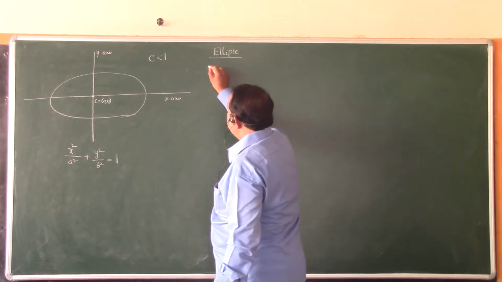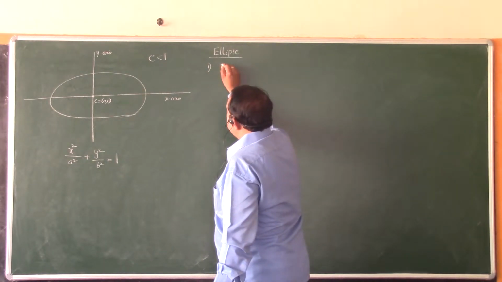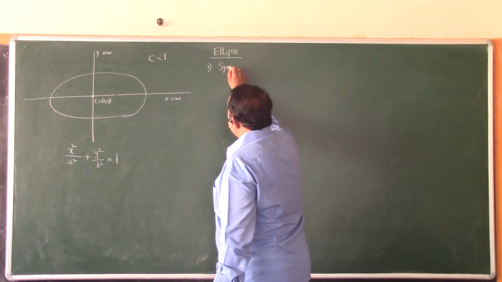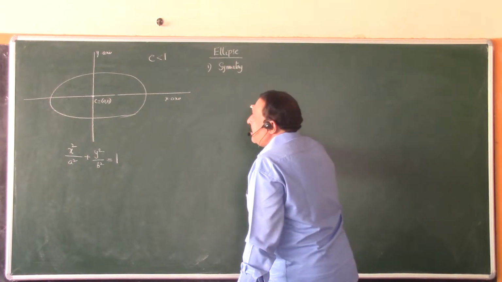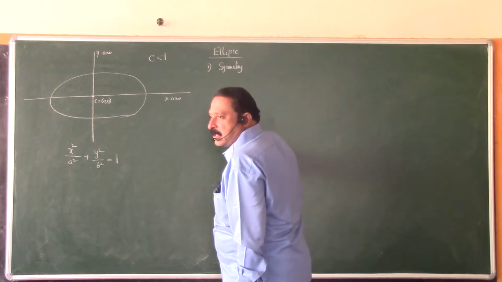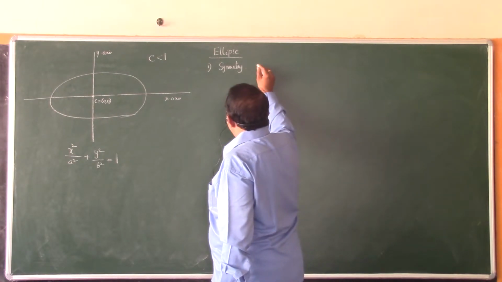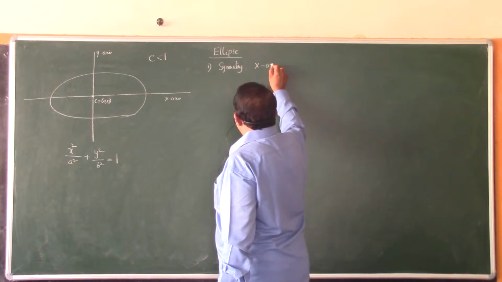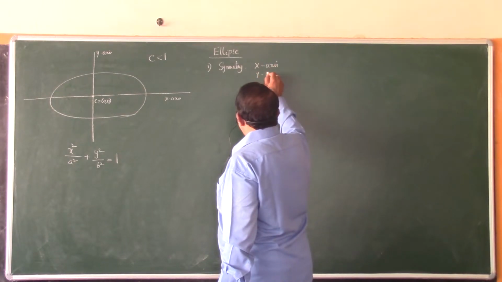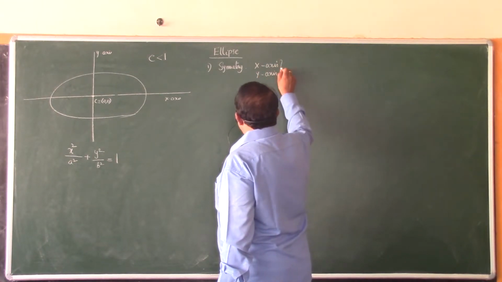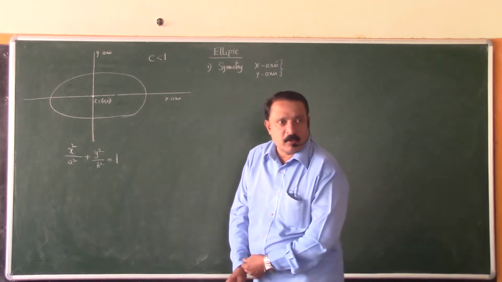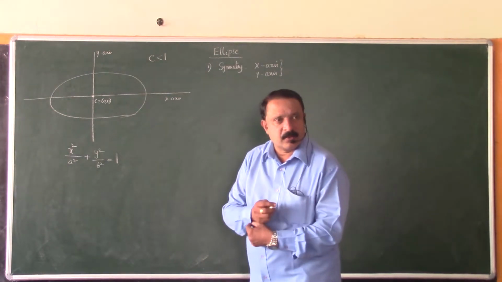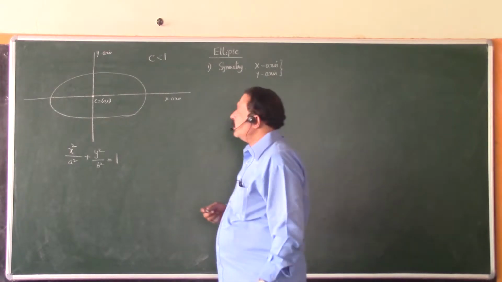So we say that point number 1 is symmetry. An ellipse is symmetrical about both the axes, about the x-axis as well as the y-axis.